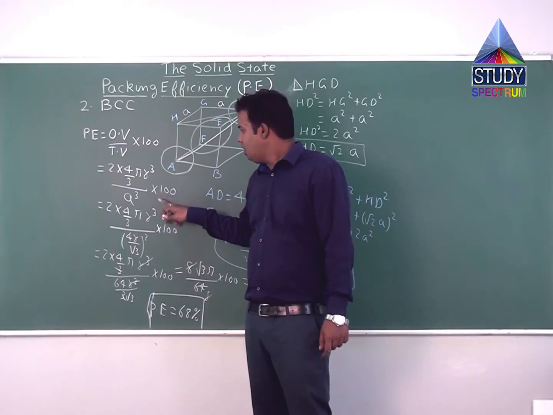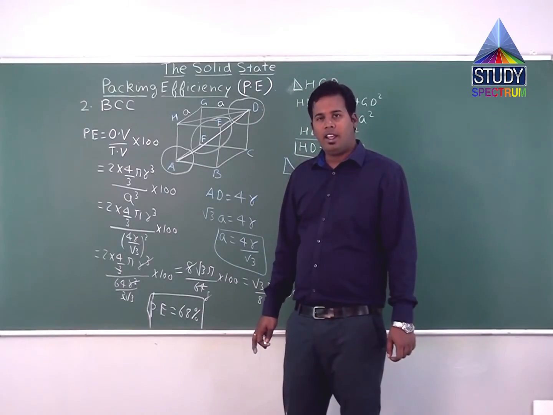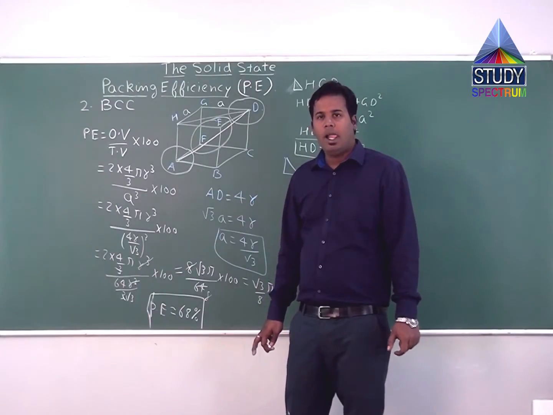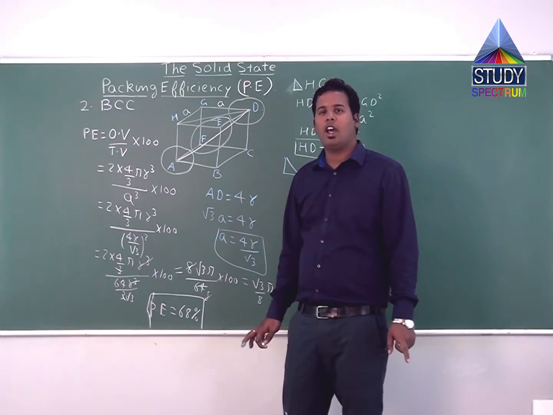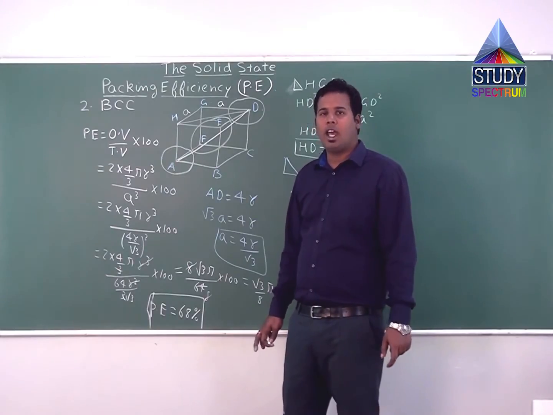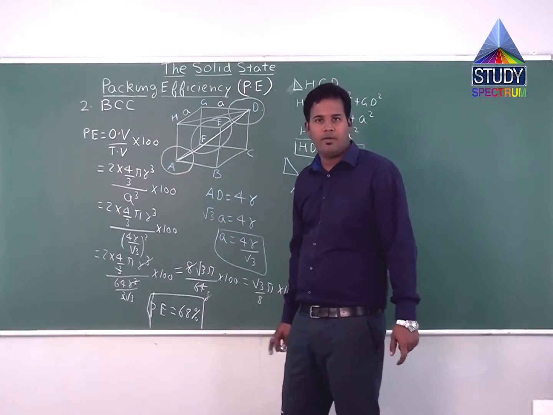Now since we have 2 different variables, r in the numerator and a in the denominator, it is very important to have a relation between a and r so that we can cancel out these variables and are left with numbers only. Because only if we are left with numbers can we calculate the precise value of packing efficiency in this or any other case.